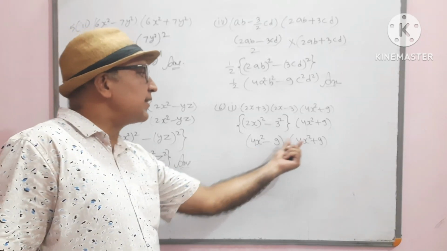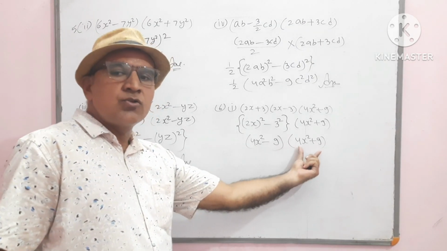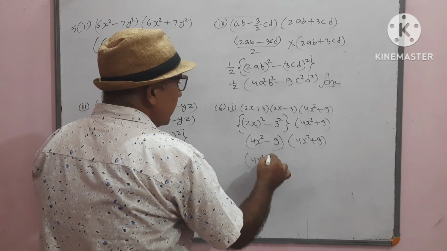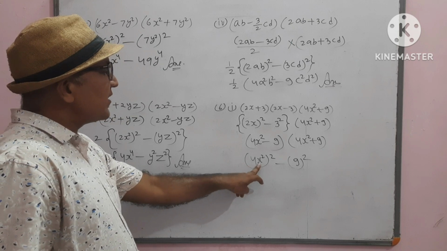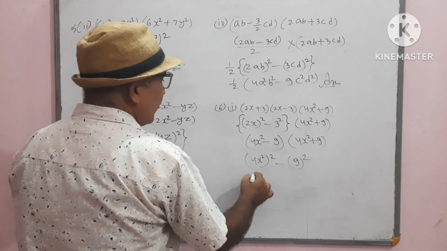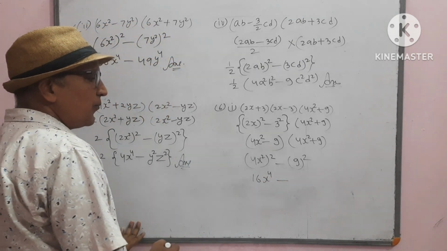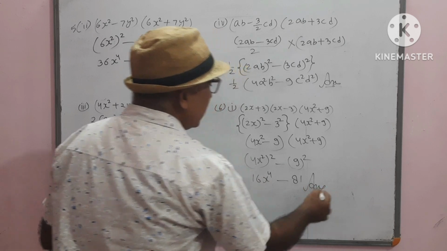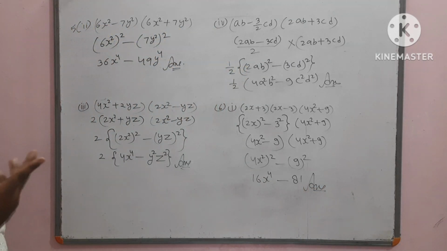Again both are looking like the same identity, A minus B into A plus B. So what can we write here? A square minus B square means 4x square whole square minus 9 square. 4 square is 16, x square whole square is x power 4, and 9 square is 81, and this is your answer. Okay, again please note down.